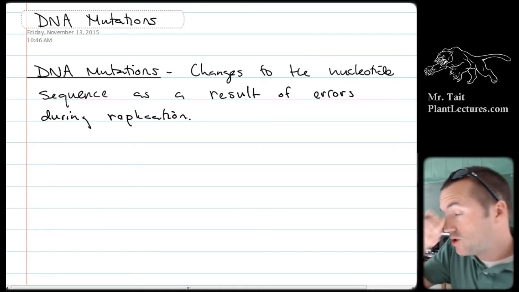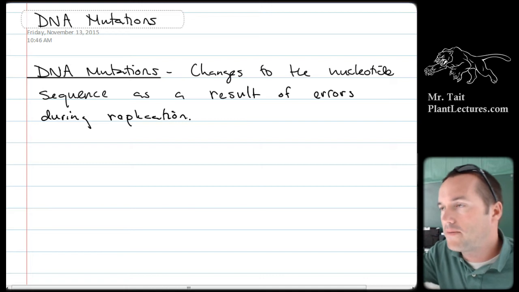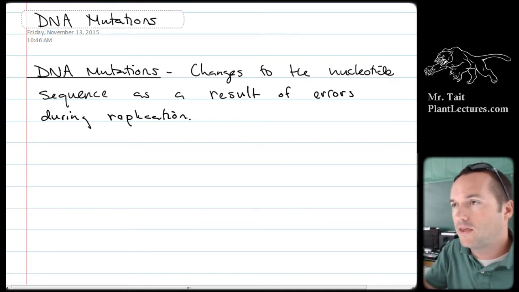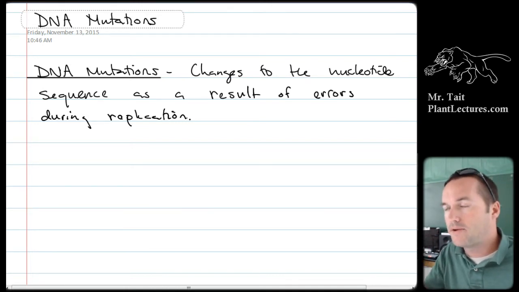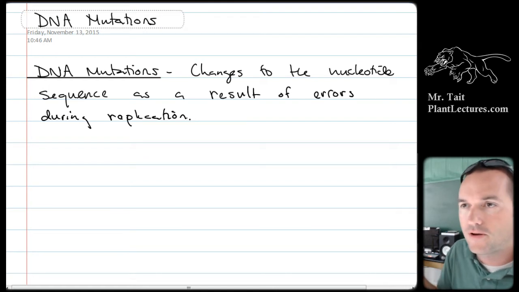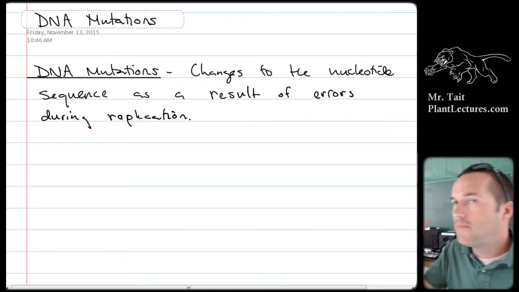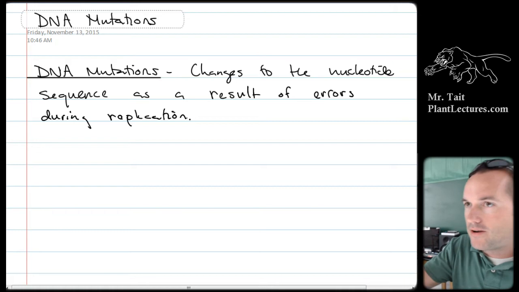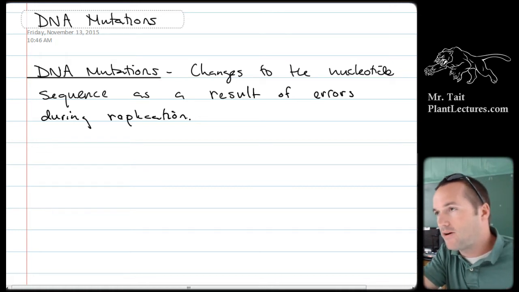Okay, so not only are the complementary base pairs sometimes a little bit wonky, and the wrong purine is pairing with the wrong pyrimidine or whatever, but there are safeguards in place. DNA polymerase rather is supposed to be able to go back and check to make sure that those are correctly paired up.